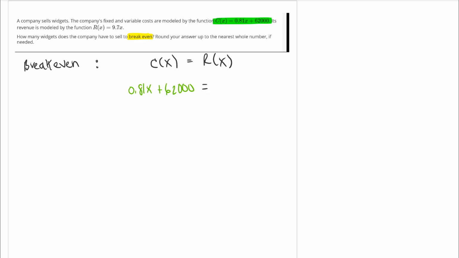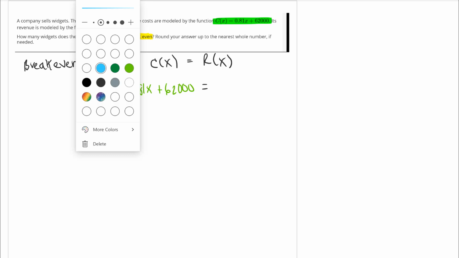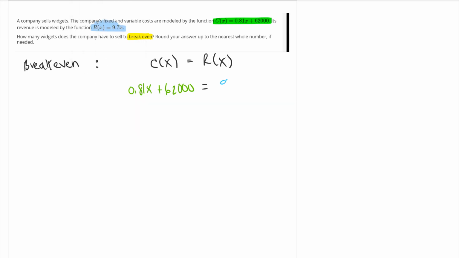And that is going to equal my R of x function, which is 9.7x. So all I did here was plug in my cost function and my revenue function. So the cost is equal to the revenue.